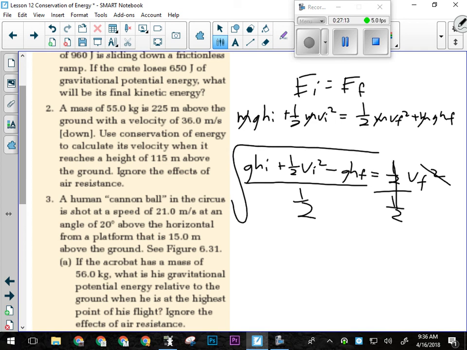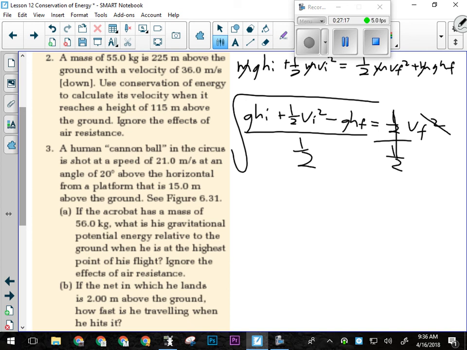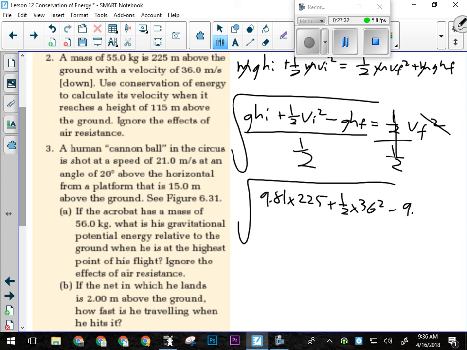So it's exactly the same calculation we did with the motorcycle question. When I plug in my numbers, I'm going to have 9.81 times the initial height, which was 225, plus 1/2 times 36 squared minus 9.81 times 115, divided by 1/2.